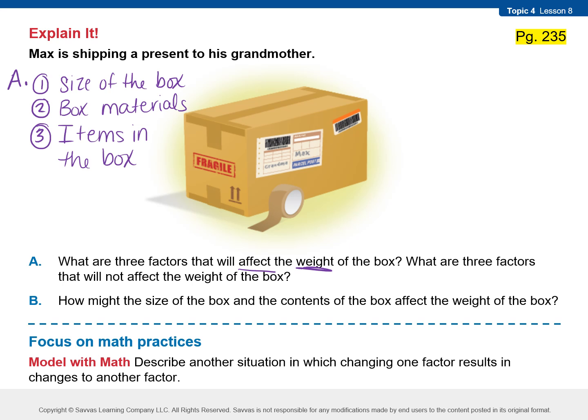Okay, then it said, what are 3 factors that would not affect the weight? So here we go again. Think of anything that would not affect the weight of the box. So maybe the color of the box. What else? What about the day the box was made?